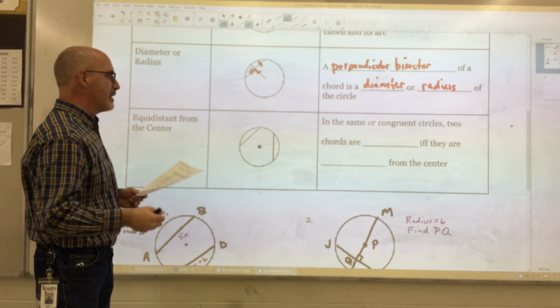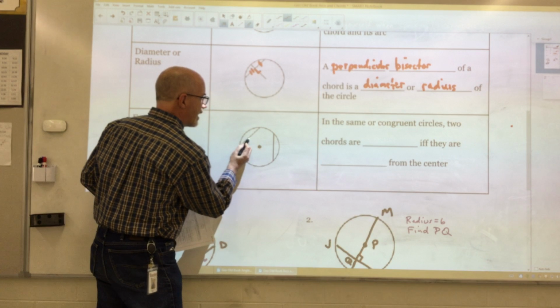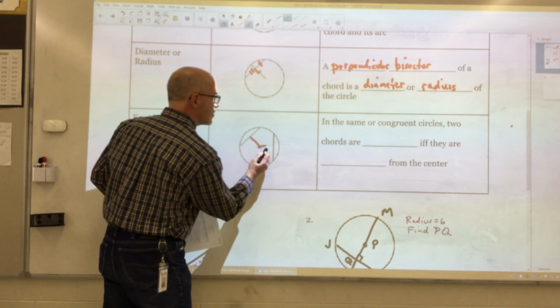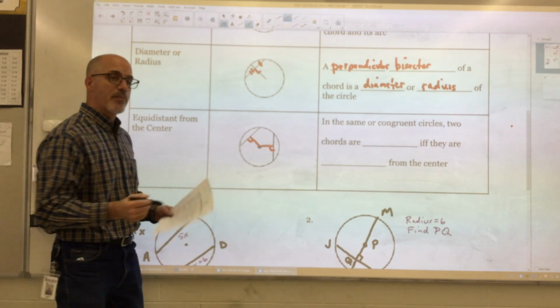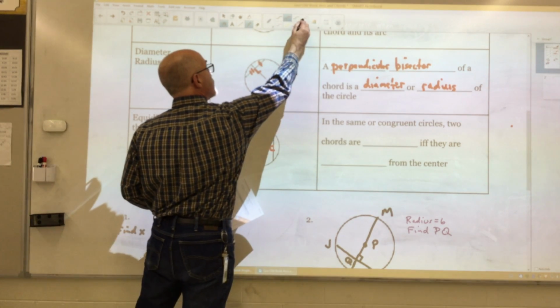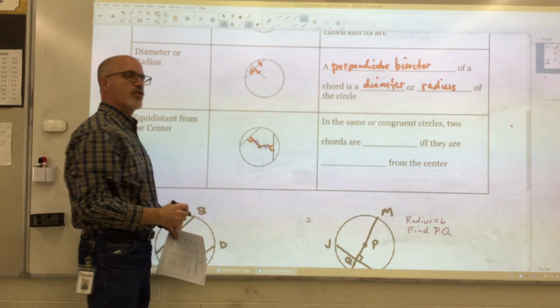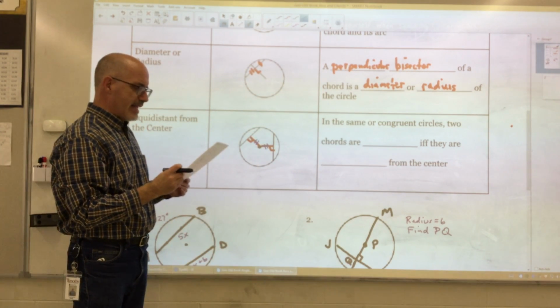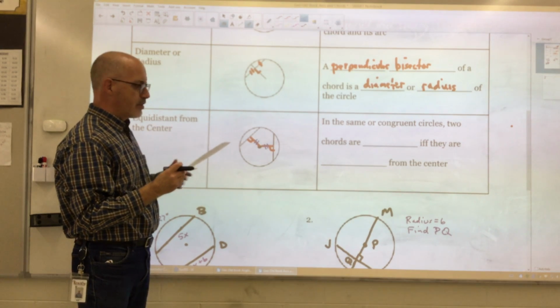Similar to that, we can talk about equidistance. If we have the same or two congruent circles, distance is measured by drawing a perpendicular. If we've got those two segments congruent to each other, being equidistant, then those chords are going to be congruent.